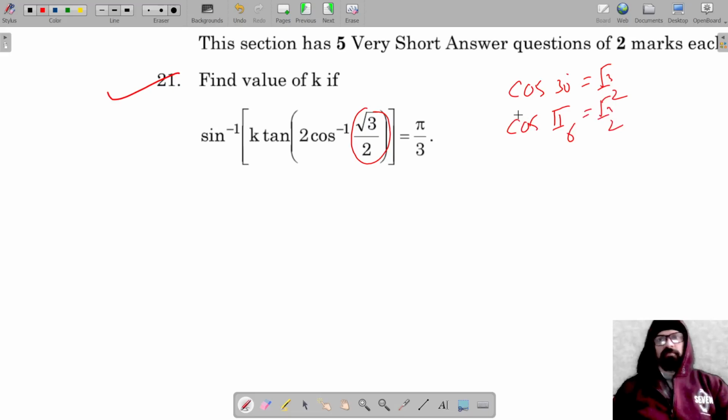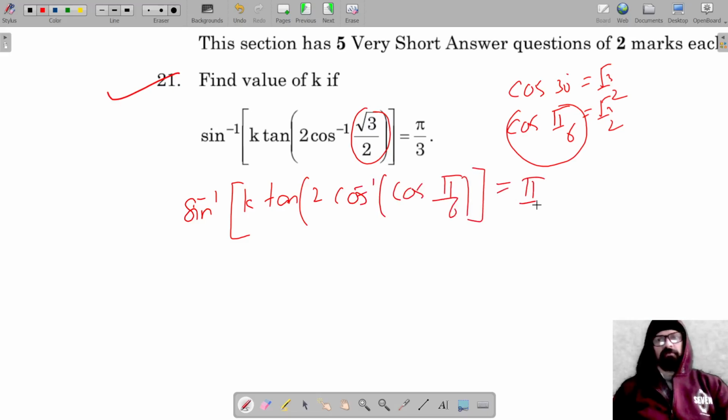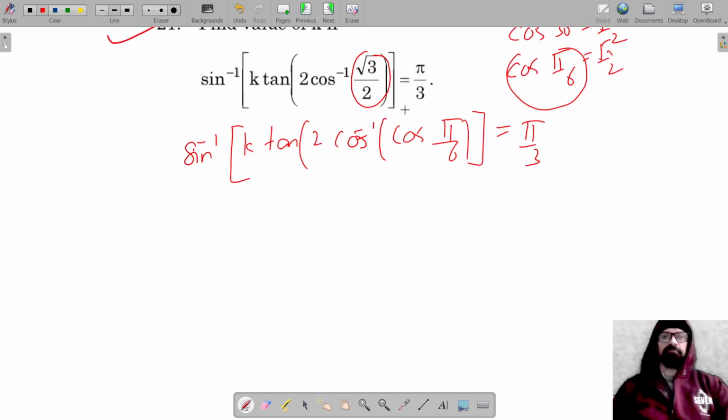So instead of root 3 by 2, I can write cos pi by 6, which reduces this equation to sine inverse k tan 2 cos inverse, instead of root 3 by 2, it's cos pi by 6, bracket close, is equal to pi by 3.